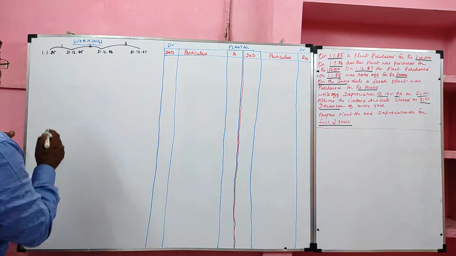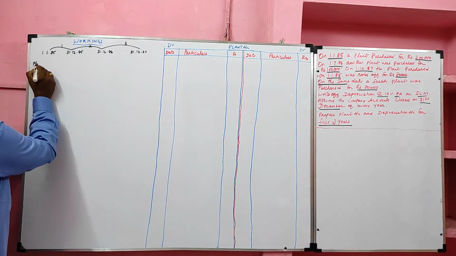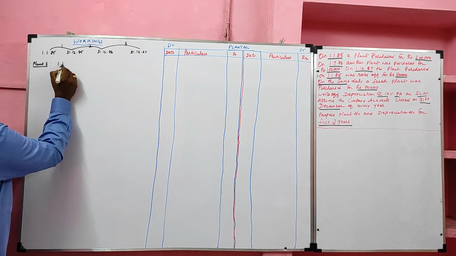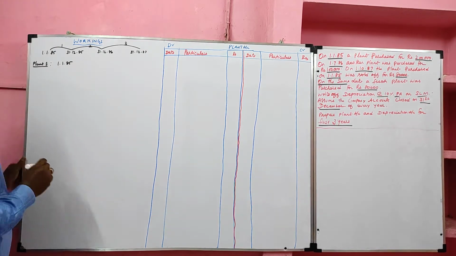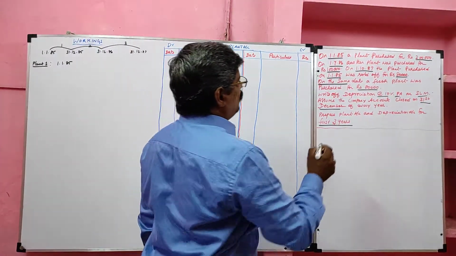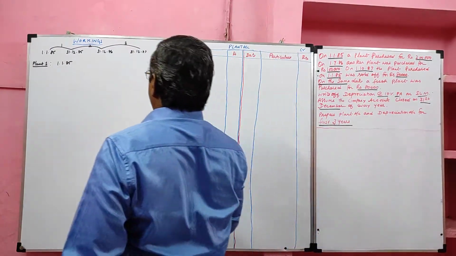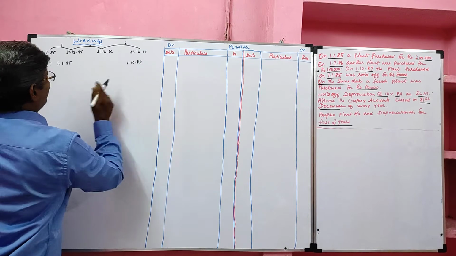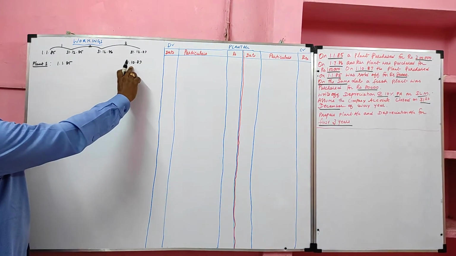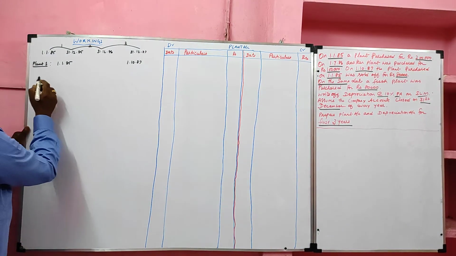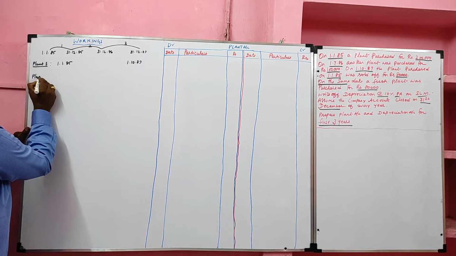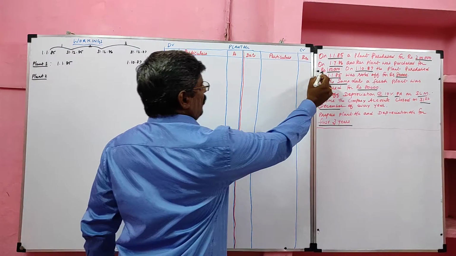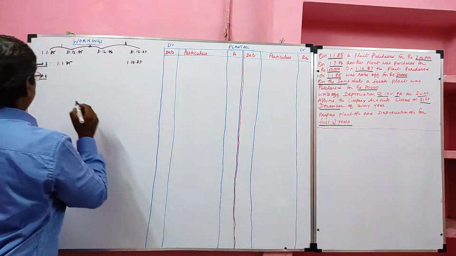Now we'll take the plant 1 purchase date, which is 1/1/85. The sale date we know, 1st October 1987. So, we have to close the first plant on 1st October 1987. Then take the plant 2 purchase date, 1st July 1986.